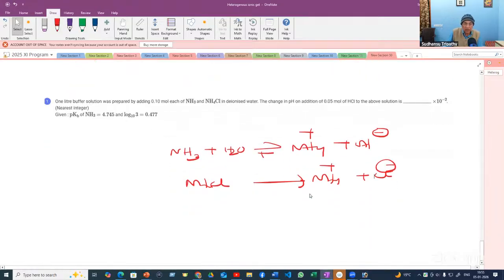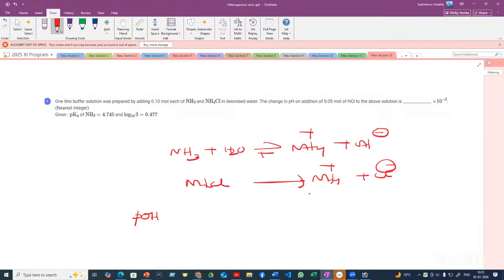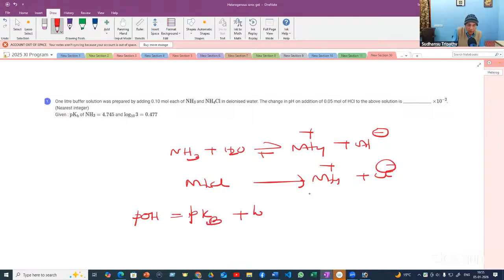Now the Henderson equation: it is a basic buffer, so it will be pOH. pOH is equal to pKb plus log salt by base.